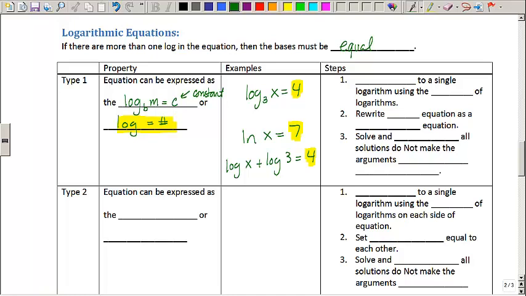The steps to this type are to first condense all your logarithms to a single logarithm using the rules of logarithms that we've learned in the past. Step 2 says to rewrite the log equation as an exponential equation.